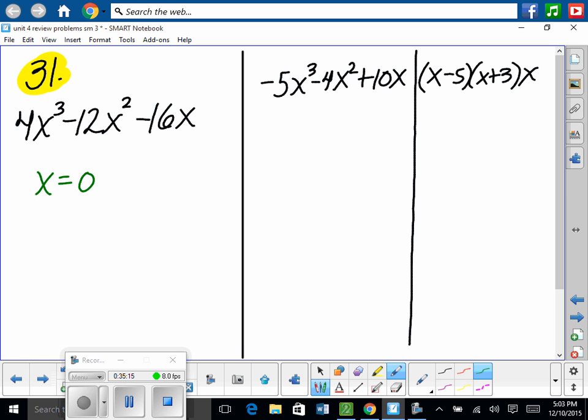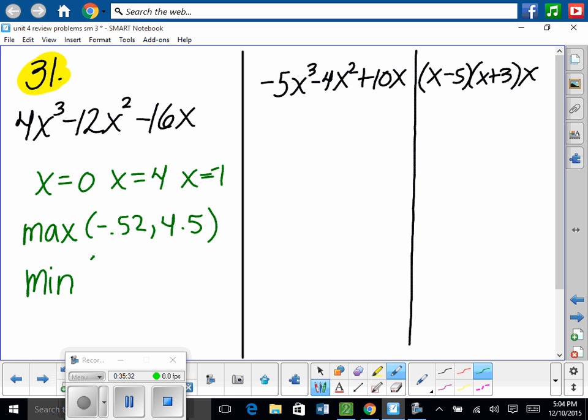You'll get x is equal to 0, x is equal to 4, x is equal to -1. And then also, you find the max and min. So our max is at -0.52, and 4.5, and our minimum is at 2.5 and -52.5.